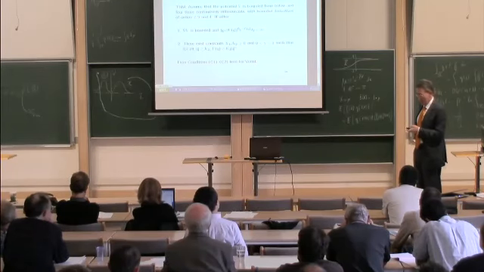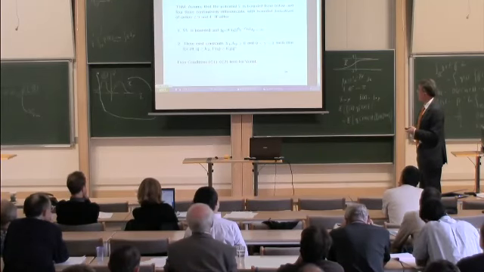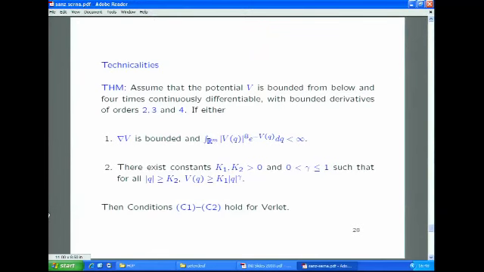Well, you can do this in various forms. Proving this is really a nightmare, all these estimates, but you can prove that if your potential is bounded from below and 4 times continuously differentiable with bounded derivatives of order 2, 3, and 4, so the first derivative needed to be bounded, and then you've got either this or this integrability condition, then C1 and C2 will hold for Fairley.